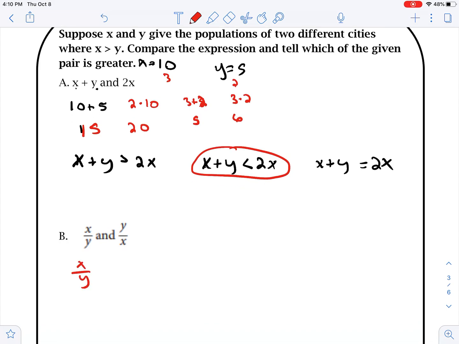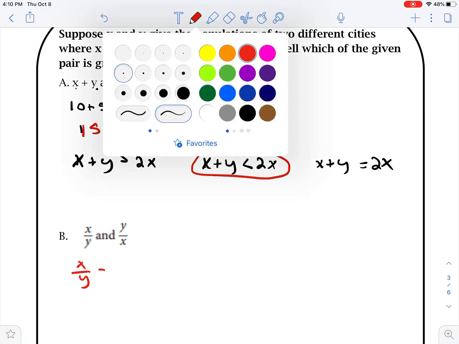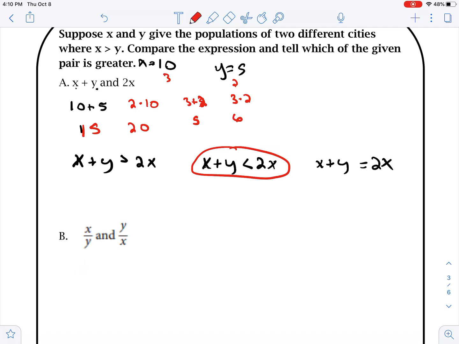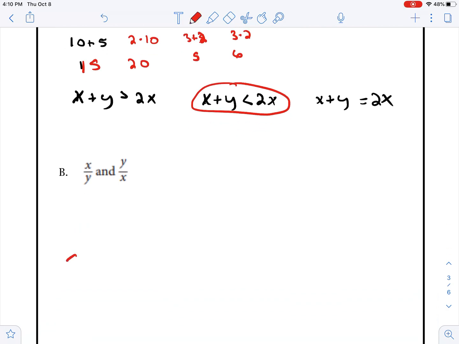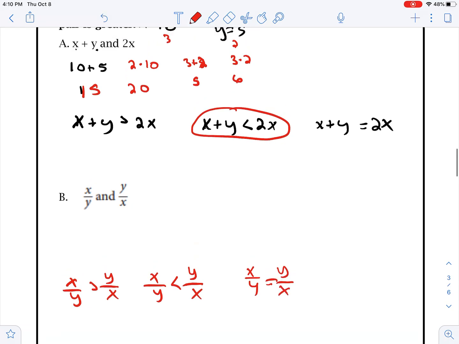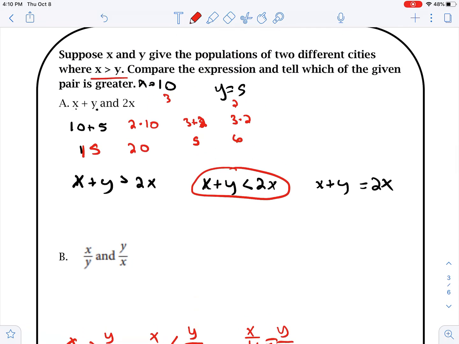So same idea. They're saying which one's bigger? I want to erase that. Okay, we'll move it down here. So I want to say, is x over y greater than y over x? Is x over y less than y over x? Or is x over y equal to y over x? Now, again, we said that our x value is bigger.